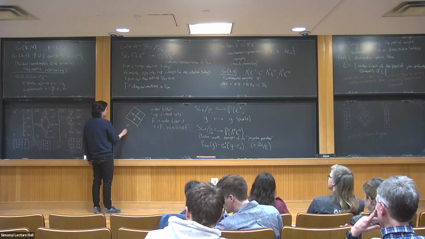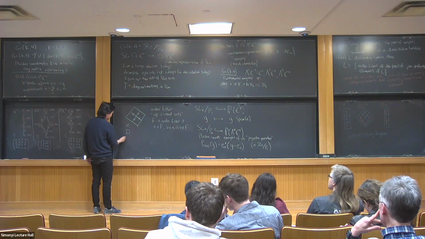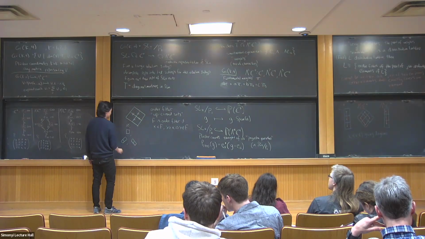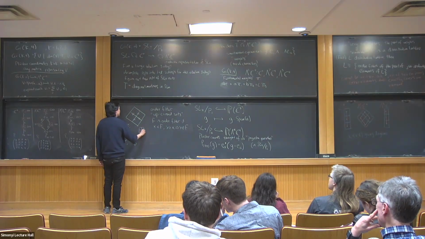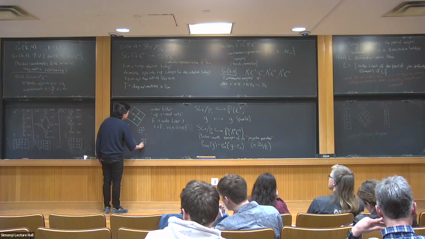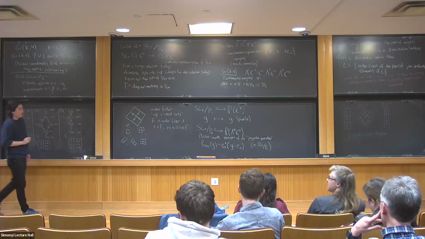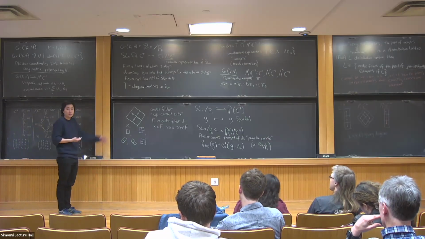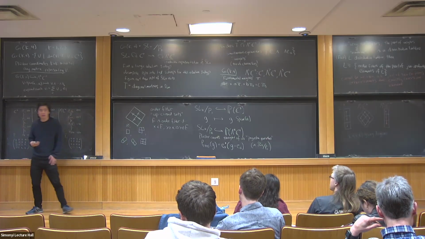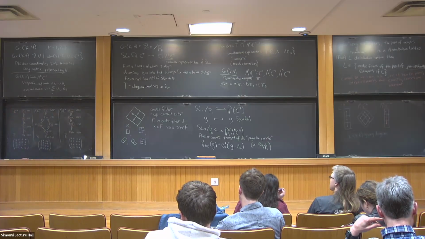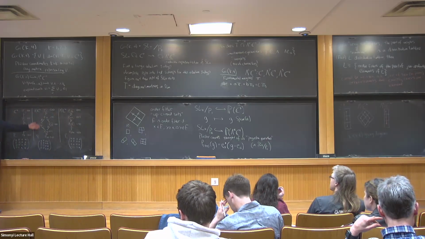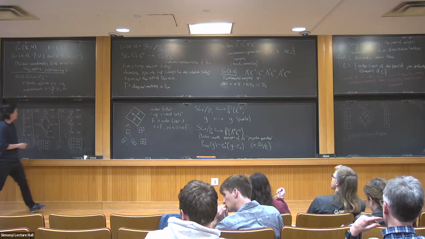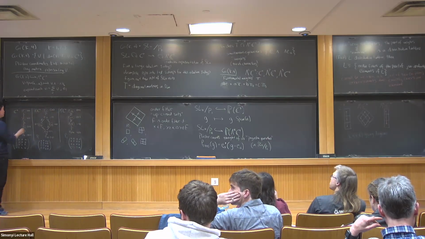So empty, single box, like this, this, and then this. The order filters of this poset, if you tilt them appropriately, are nothing other than the Young diagrams which sit inside of a 2 by 2 box. So I can identify each element of this original poset with one of these order filters. Let me write the identification.